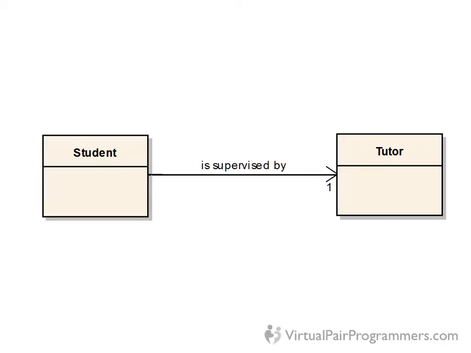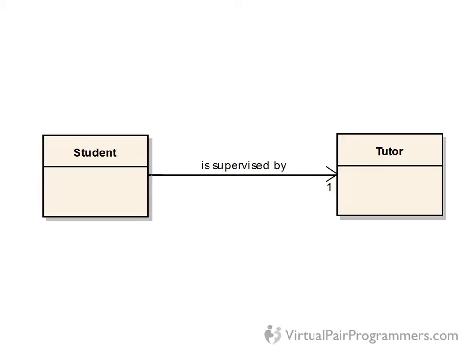Now, of course, a student will be taught by multiple tutors, and we're going to look at how to handle multiples in a very short while. But to get us started, I want to focus on this many-to-one relationship. By many-to-one, I mean that we can have many students supervised by the same tutor.